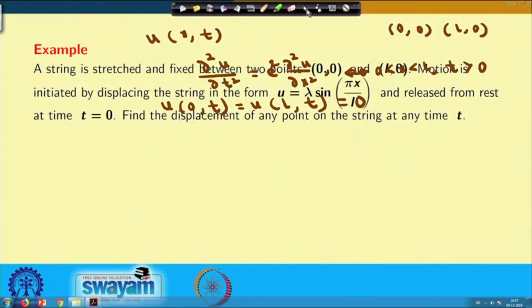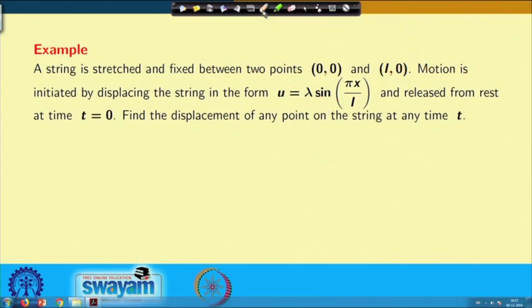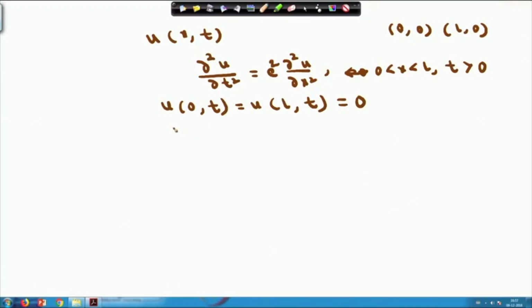if you see the problem again, we have told that the motion is initiated by displacing the string in the form u = λ sin(πx/L) and released from rest at t equals 0. So, the other condition will be u(x,0) = λ sin(πx/L).